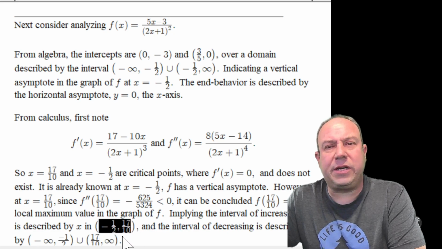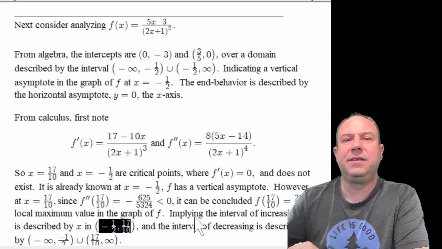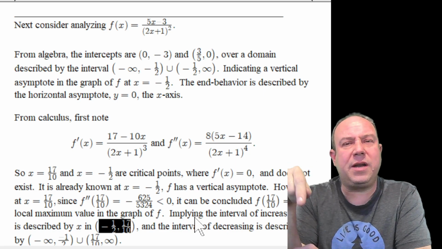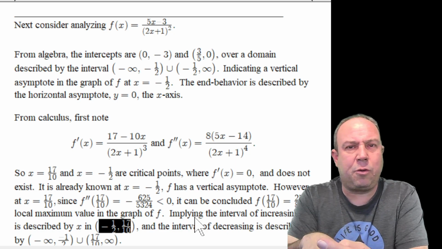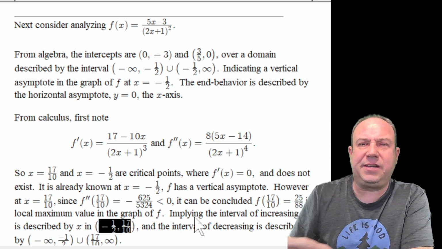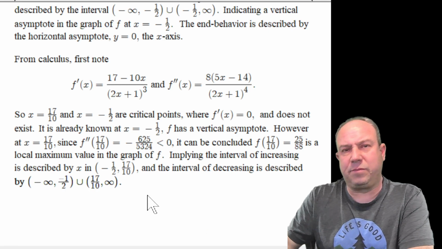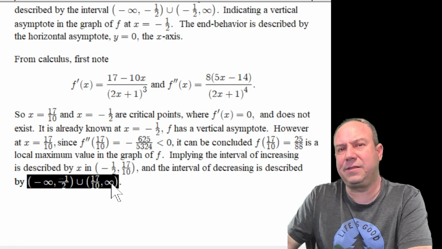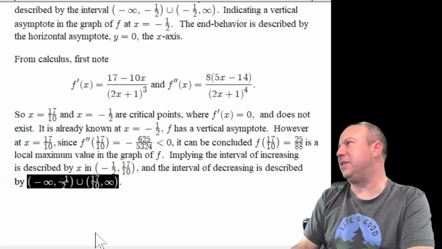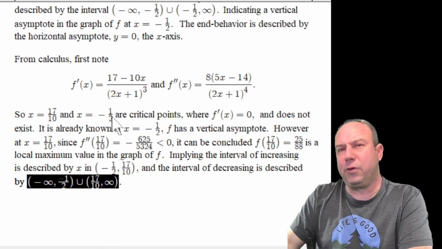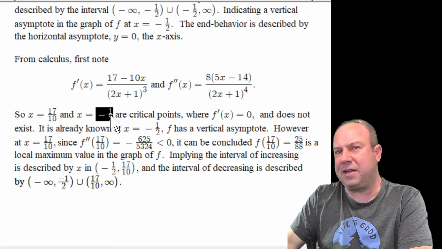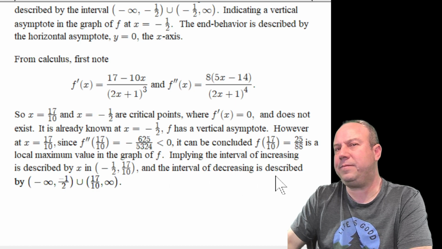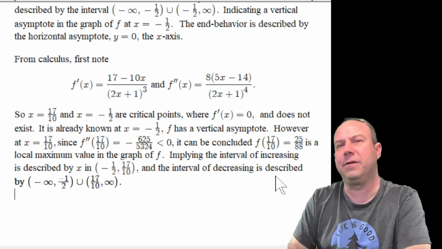We will be increasing, right, from -1/2 to 17/10, and we'll be decreasing everywhere else in our domain, from -infinity to -1/2, and from 17/10 to infinity. Those will become our intervals of decreasing behavior. The intervals being where we are bounded by these critical points of 17/10 and -1/2. All right, in our notation here.